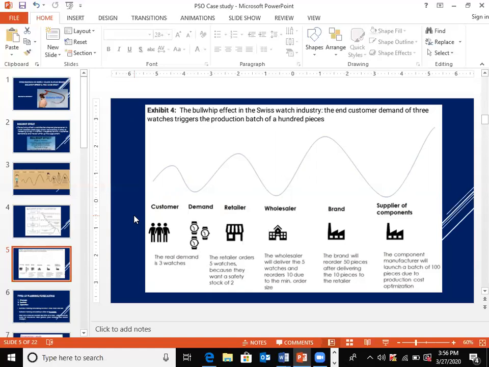And the reason is that there is a minimum order quantity. So the brand will not allow the wholesaler to place an order for 5. The minimum that they sell is in units of 10. So they call in to the brand, to the company, and they say, look, we would like to place an order for 10 watches.